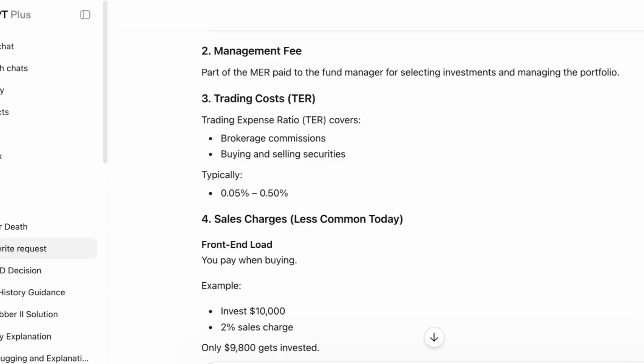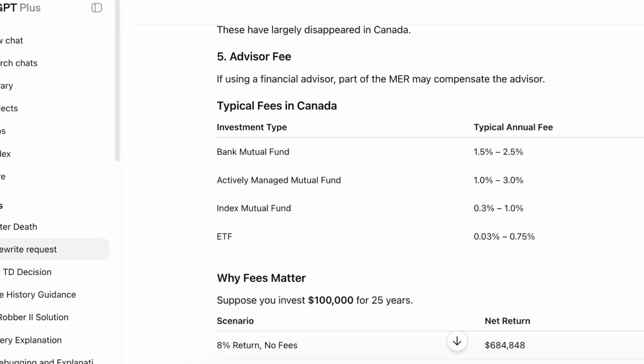Sometimes there are trading costs, typically 0.05 to 0.5%. It's like a brokerage commission for buying and selling securities. Sales charges are there too, very small, depending on the mutual fund you are looking at, and advisor fees too. Typically, in Canada and across the globe, there are multiple fees associated with a mutual fund.